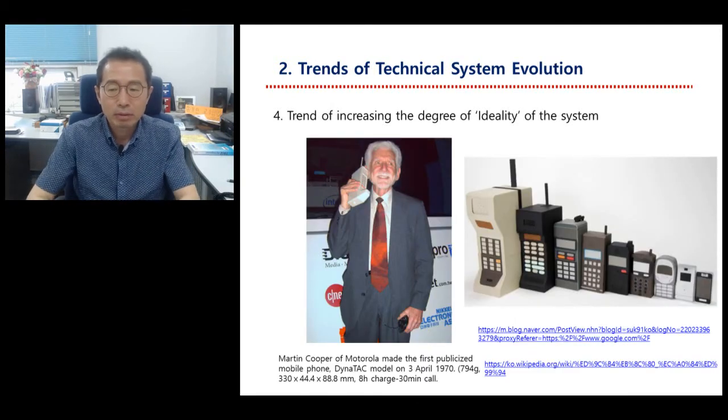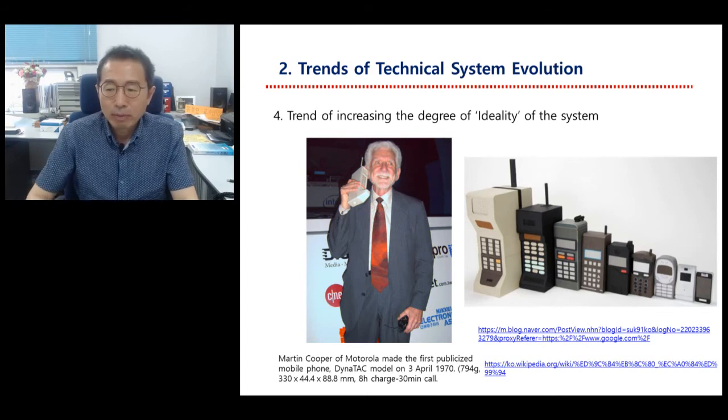Consider, for example, the development of the wireless telephone. The first wireless phone was developed by Martin Cooper of Motorola in 1980.